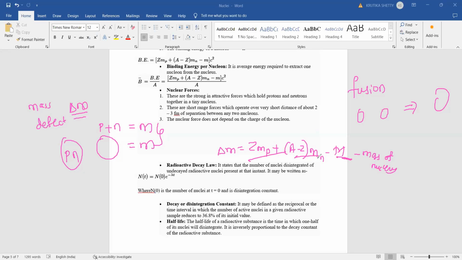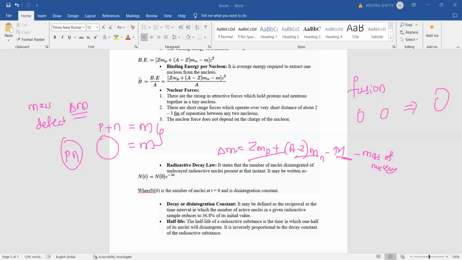So what is mass defect here, Priyanka? The difference in the mass of the nucleus and its constituent particles is called the mass defect. Constituent particles are protons and neutrons. The mass of the protons is given by Z times mp, and the mass of the neutrons is given by (A minus Z) times mn. When you add these and subtract from the mass of the nucleus, the mass difference you get is called the mass defect.